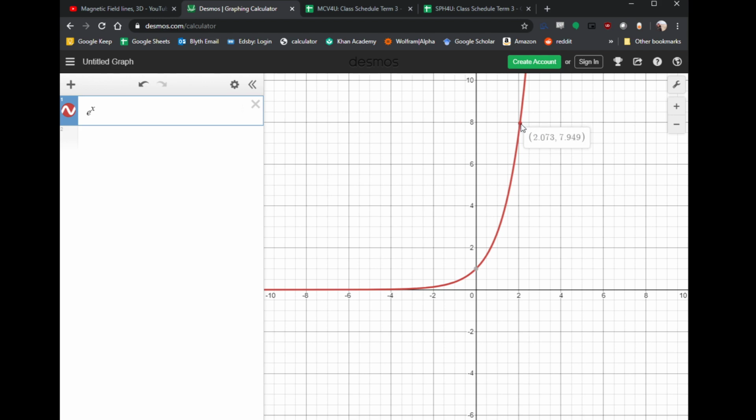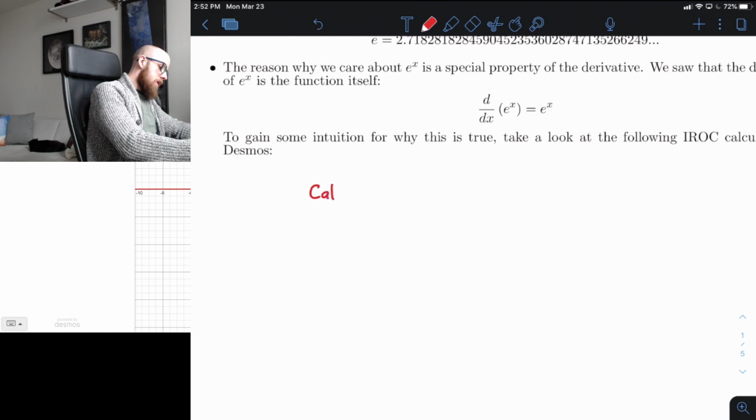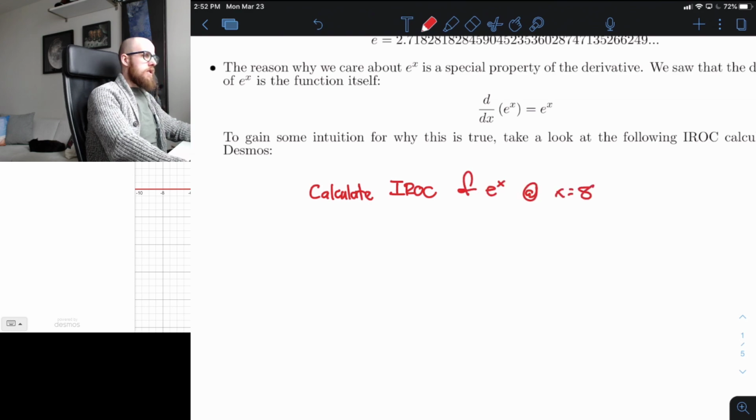So let's calculate IROC of e to the x right around the point x equals 8. Okay, so calculate IROC of e to the x at x equals 8. Just as a quick example, right?